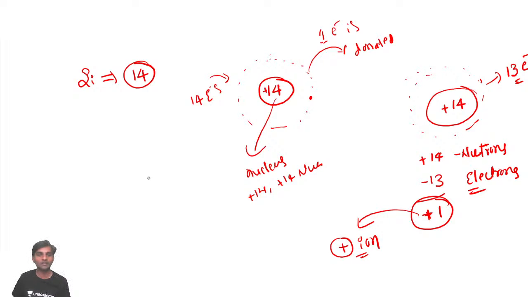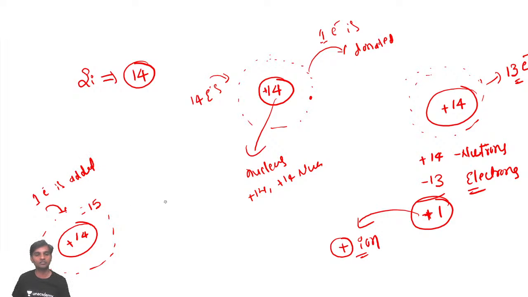Similarly, if it accepts one electron, let's say the silicon has accepted one electron. We have 14 positive charges, and now 15 electrons, since one electron is added. So you get -1.